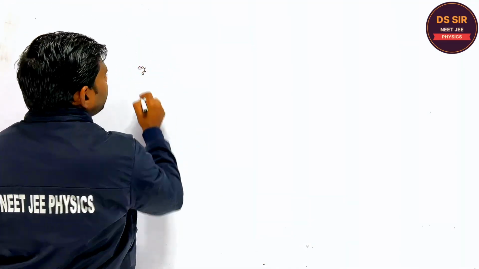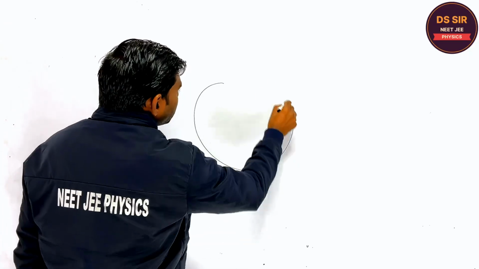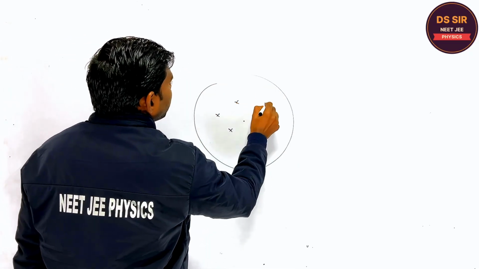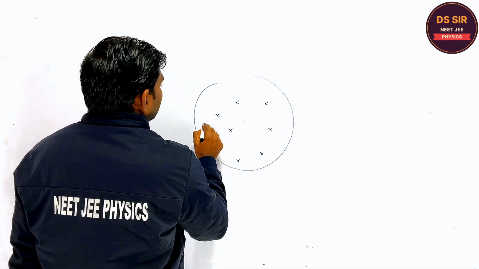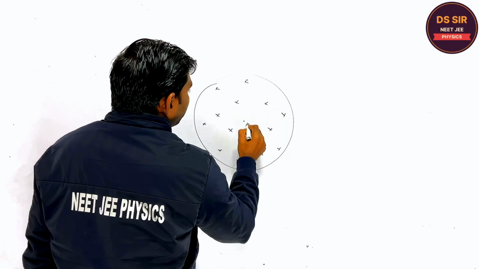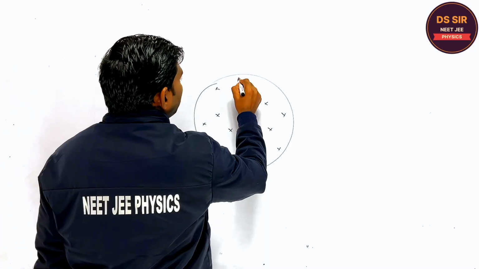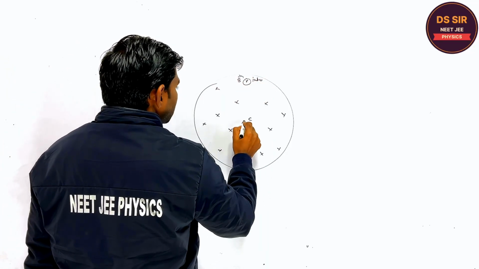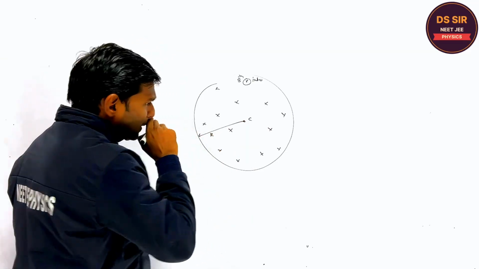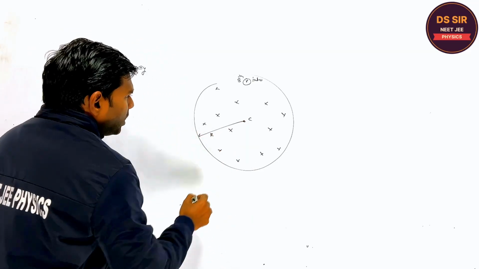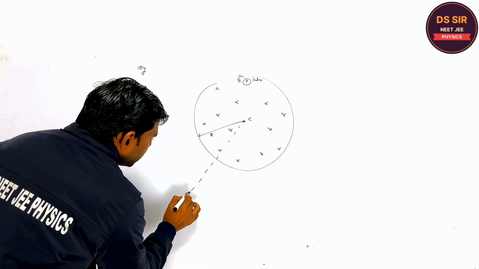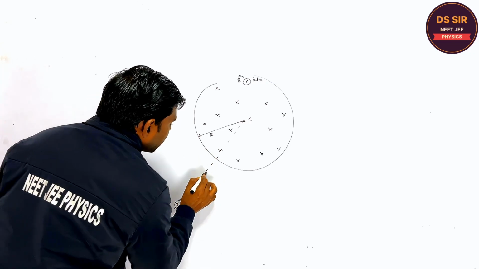Copy this. For example, one more illustration we can take. Suppose this is the portion where the magnetic field is present everywhere, and this is the center of the magnetic field. The magnetic field is into the board, and the radius of the circle is capital R. Is it clear or not? Now assume a charged particle Q is coming towards the magnetic field like this.